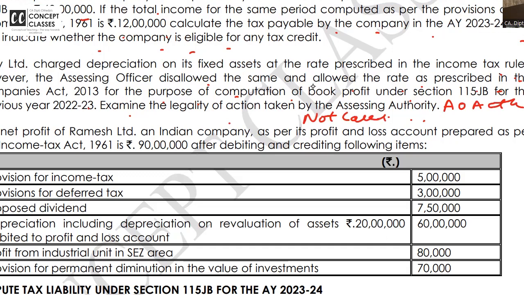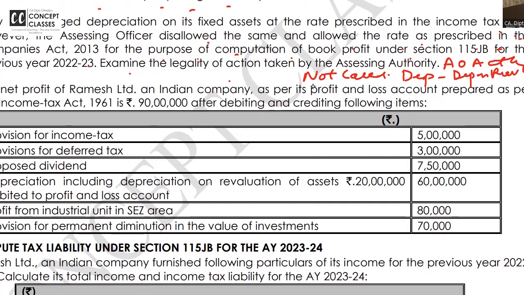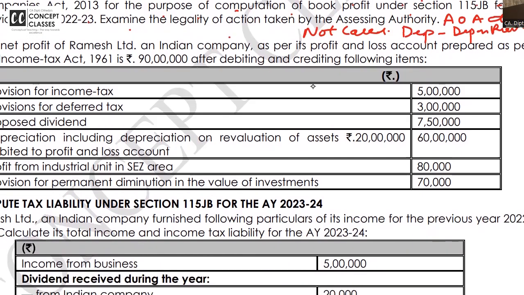Because what is the depreciation you have to charge in the MAT? Normal depreciation minus the depreciation on revaluation reserve. So that's the correct logic and this is how you need to go. Okay? Right.